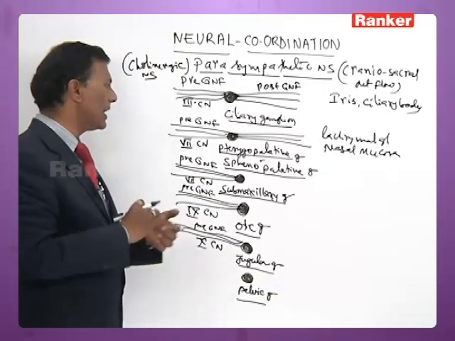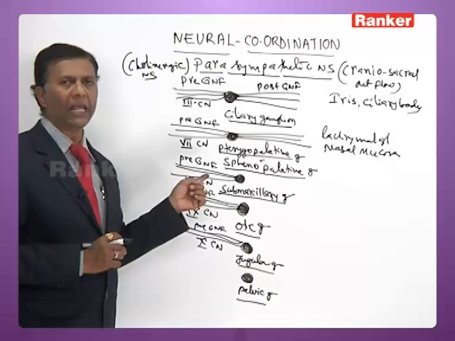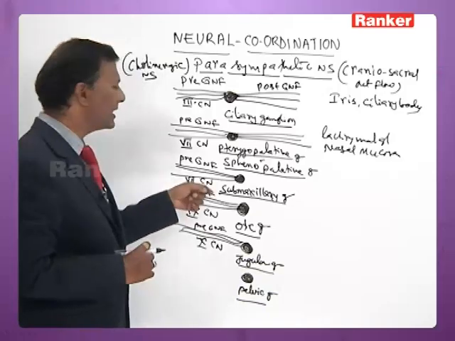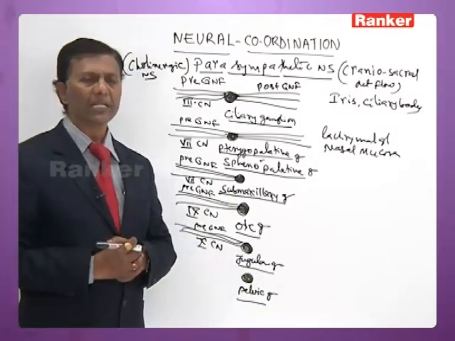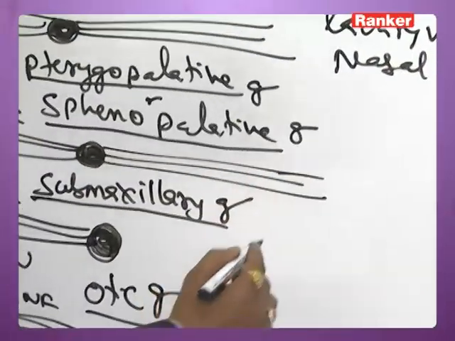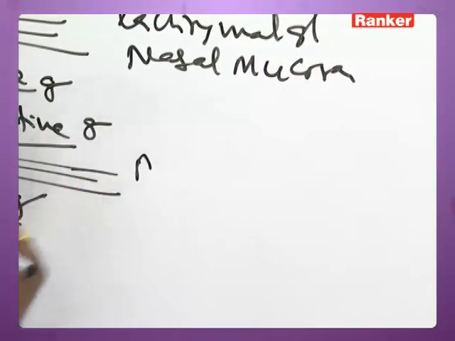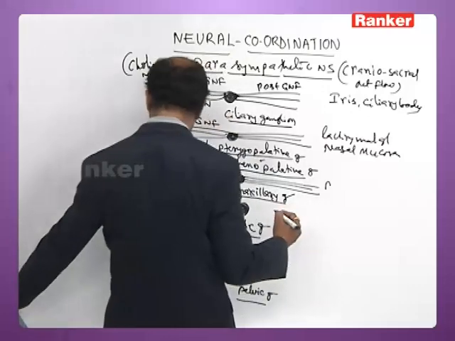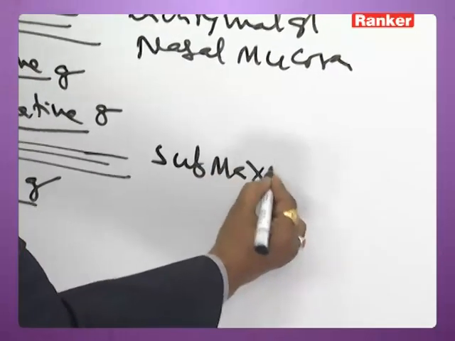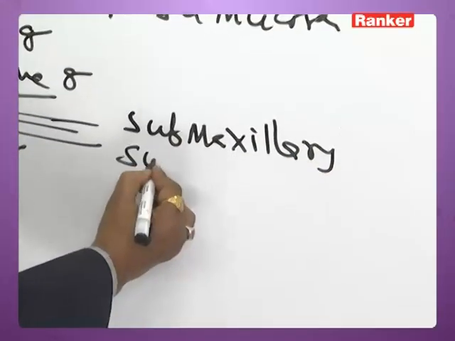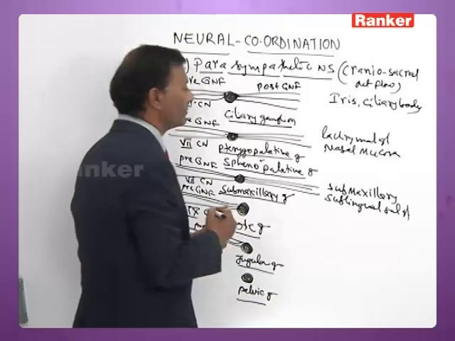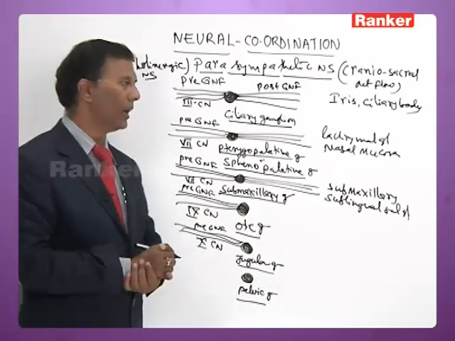Then you have the submaxillary ganglion. The preganglionic nerve fibers of the submaxillary ganglion accompany the 7th cranial nerve, and their postganglionic nerve fibers are supplied to the submaxillary and sublingual salivary glands.